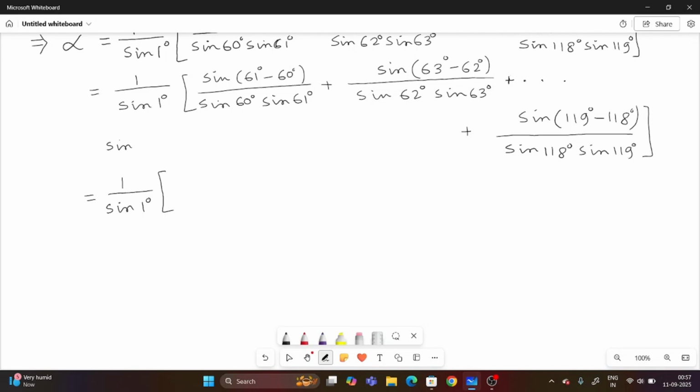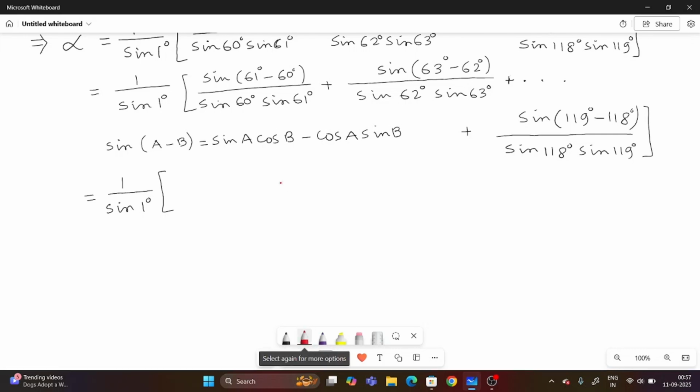The formula of sin (A minus B) is sin A into cos B minus cos A into sin B. This is the standard formula when sin is operating on the difference of two angles.